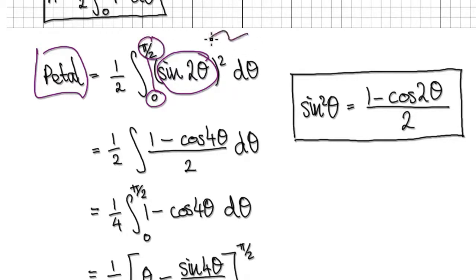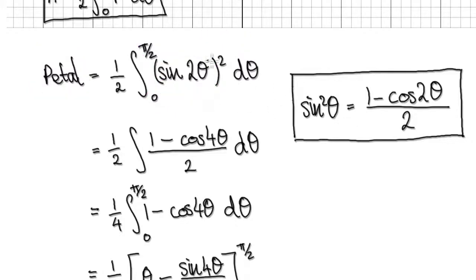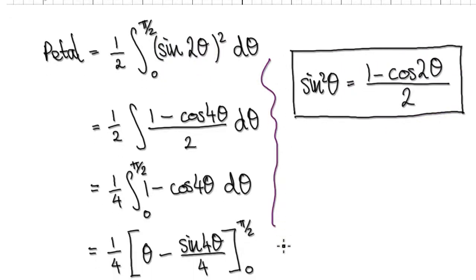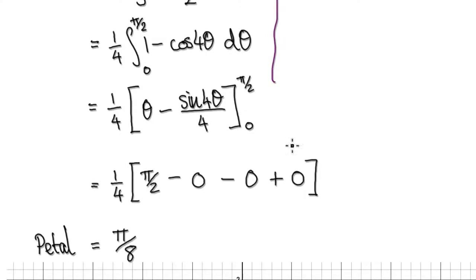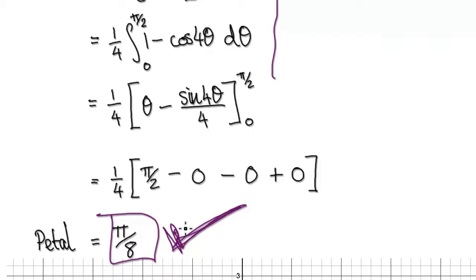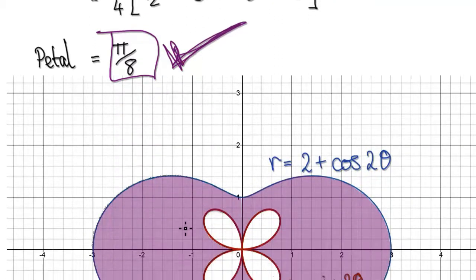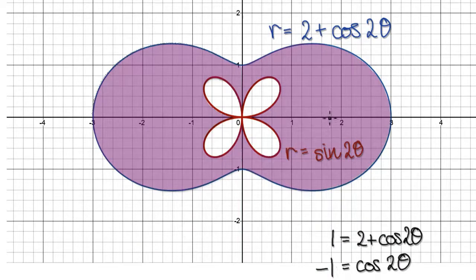I've already done an explanation as to why it's pi over 2, in one of the early videos. And if you want to integrate sine squared, you've got to think about this. The area of one petal is given by pi over 8. I've already done a video on this. So now we know the area of one petal.